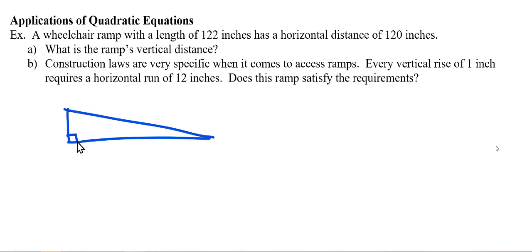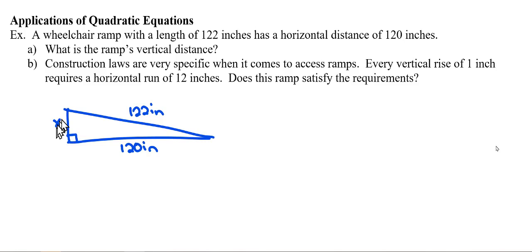Because we're talking about horizontal and vertical, those make a right angle. The ramp has a length of 122 inches. That's actually this distance, the actual length of the ramp. Horizontal distance is 120 inches. What is the ramp's vertical distance?